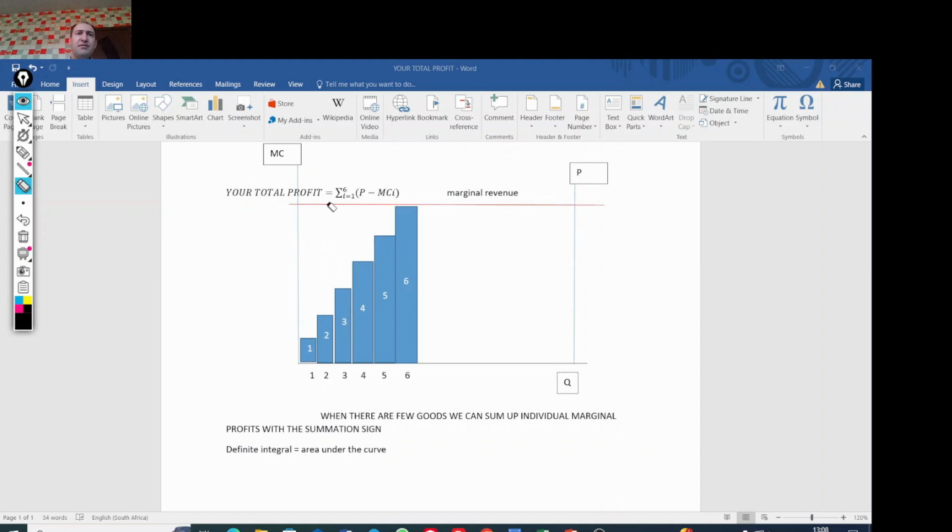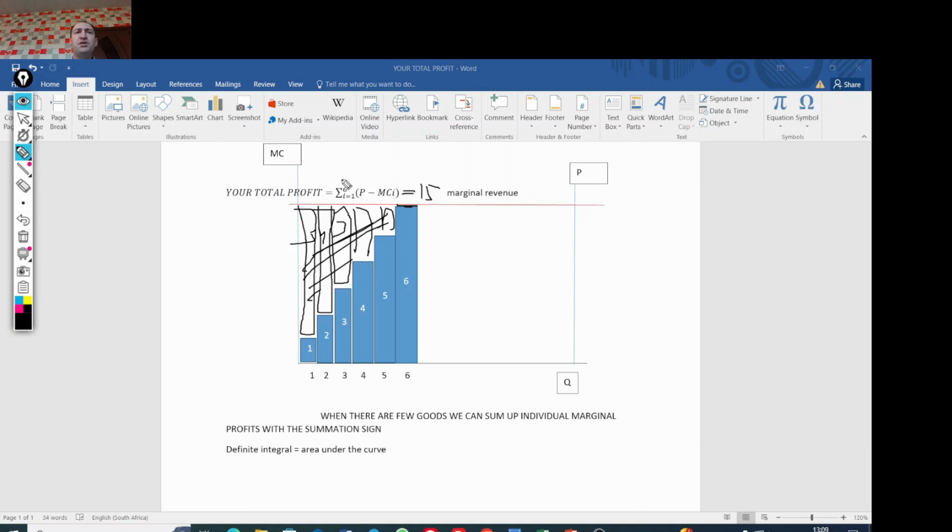We summed up 6 areas. That area was 5, plus that area was 4, plus that area was 3, right? 3, 5, 4, 3, and then that area being 0. The areas of those 5 bars resulted in the total profit of 15.